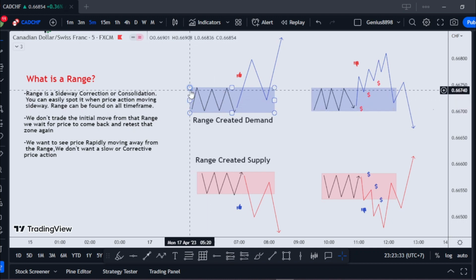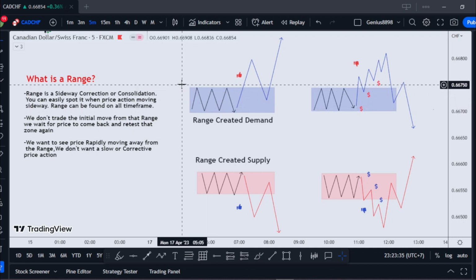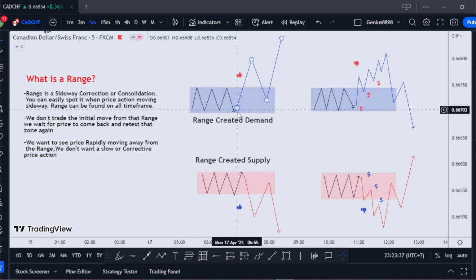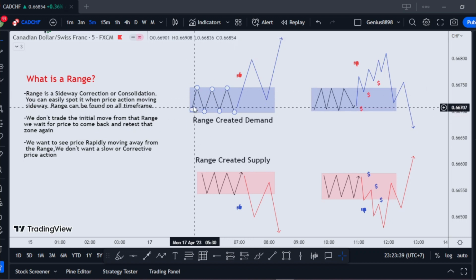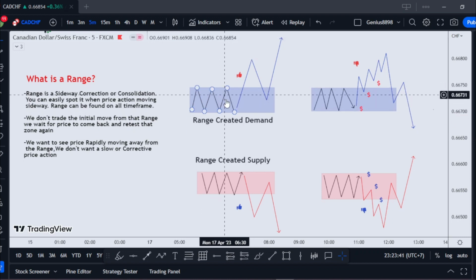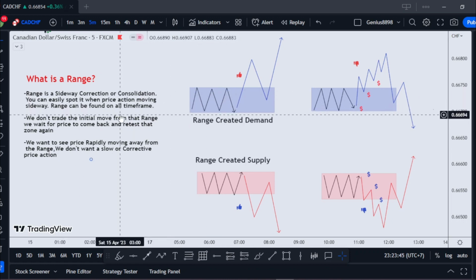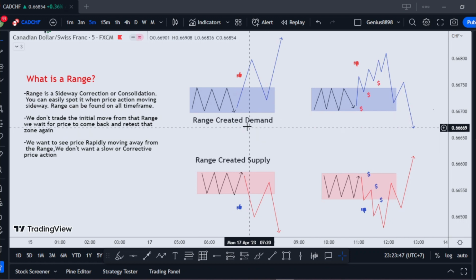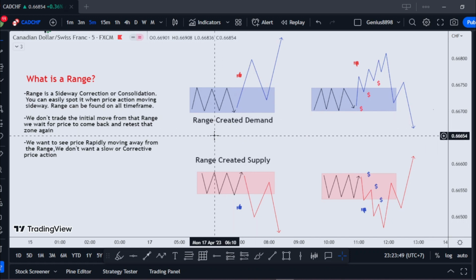You can also spot it by drawing a small box over that price action, and you see that it stays between that box, right? So that is a range. Range can be found on all time frames, so it doesn't matter if you're using a 4-hour, 1-hour, or 15-minute time frame.